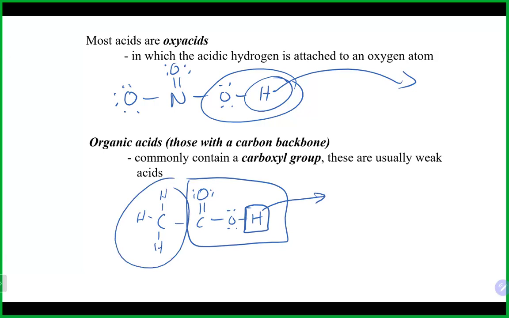They're hanging on. They're not going to come off. It's just that polar OH group over there that's going to release the hydrogen into the solution. And that's what's going to make it an acid. Any questions on that there? That's acetic acid and nitric acid.